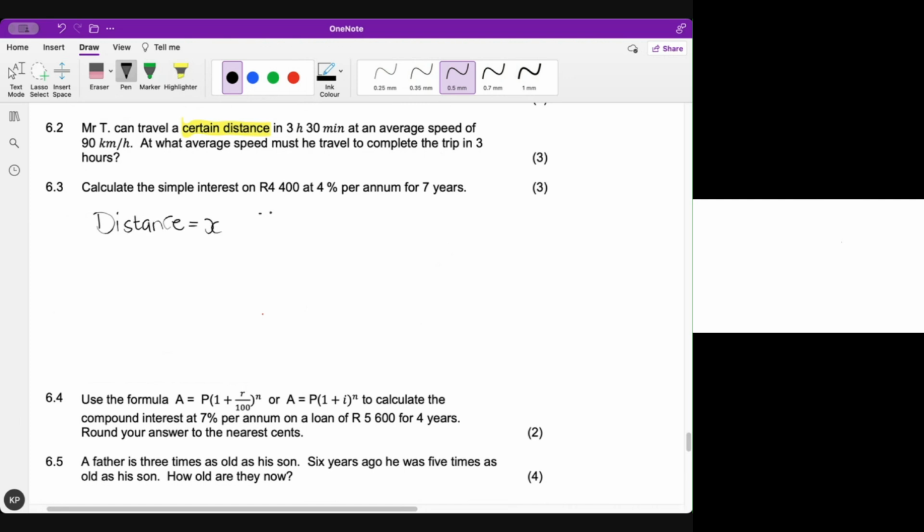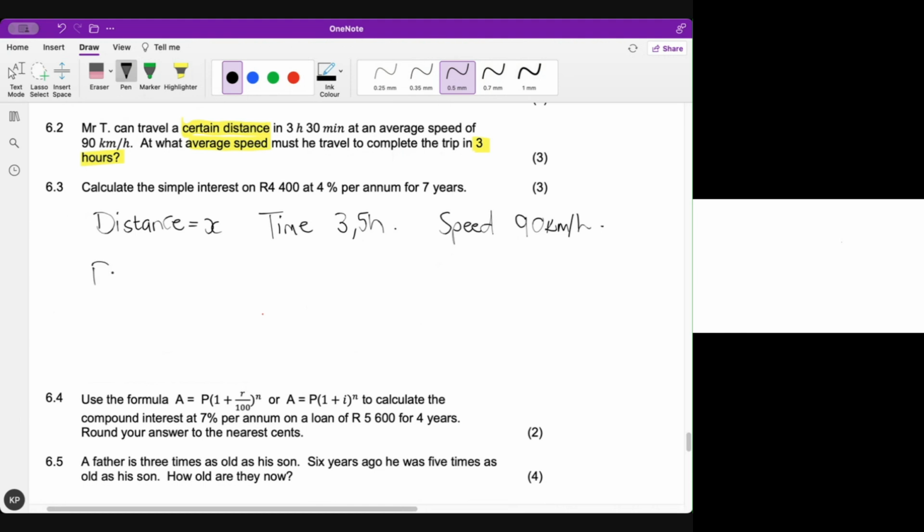And he can travel this in 3.5 hours, and his average speed is 90 kilometers an hour. Now they're asking, what should the speed be if he wants to do the trip in 3 hours instead?